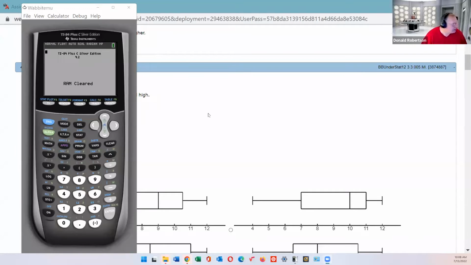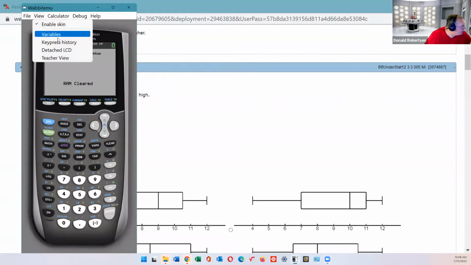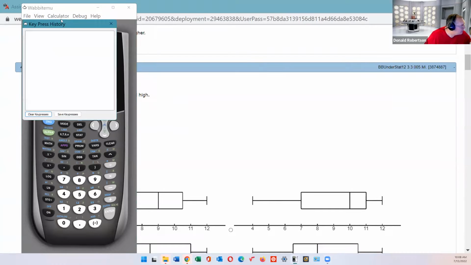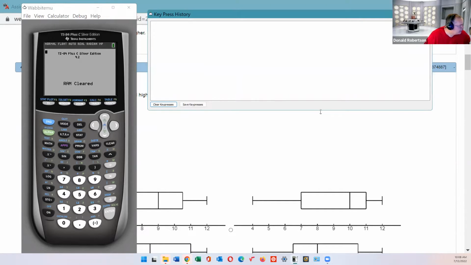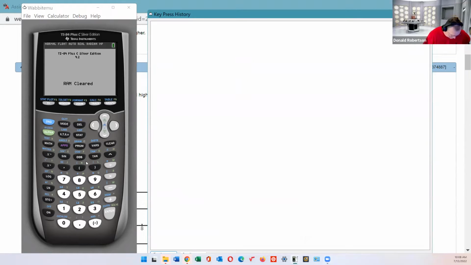Can you see the TI-84 emulator now? On the screen? Okay, thumbs up, good. And I'll put the key press over here. Maybe make it a little bit bigger so I don't run out of space. There you go. So let's do the first one, question 4 then.